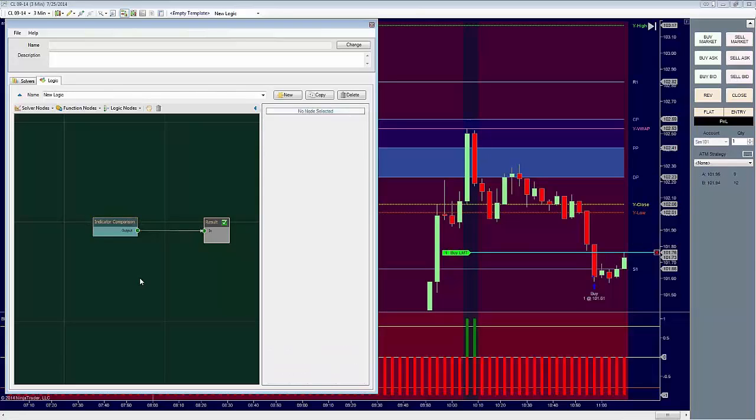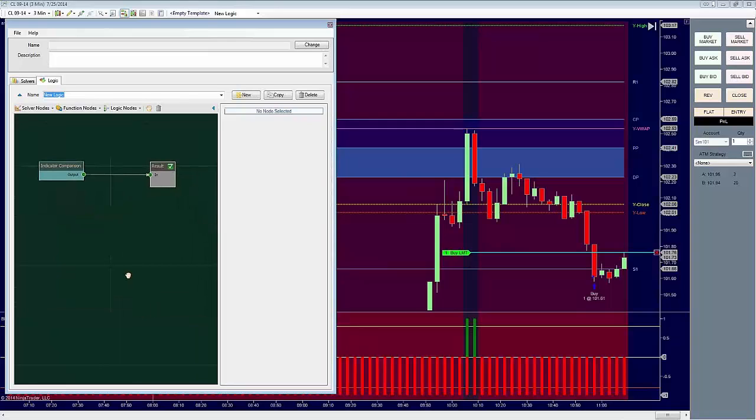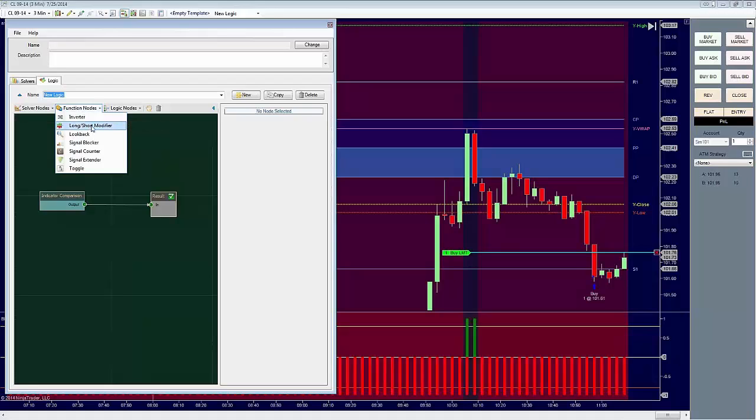So what do we want to do now? We want to isolate these bars on which we're getting both the long and the short output. And I talked about this in our last session. We do that by using one of these function nodes called the long-short modifier.